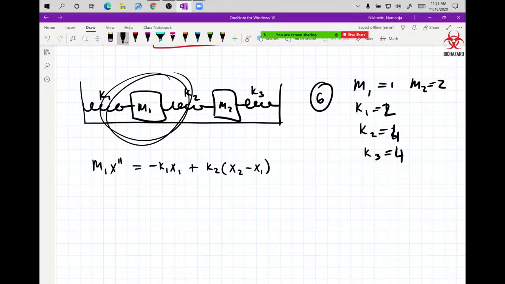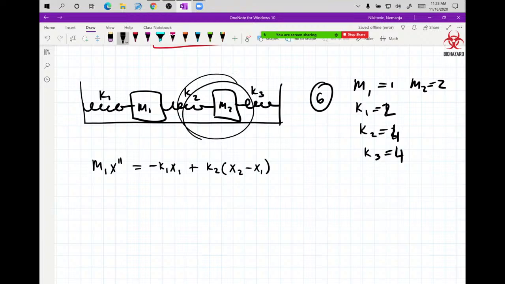And as you can see, M1 is not connected to K3, right? So there is no K3 in the equation at all. Now, mass 2 is connected to K2 and K3. There will be no K1 at all for it. So M2 x, oh, I forgot to put in index 1 for the first one. So that's x1 and this is x2.